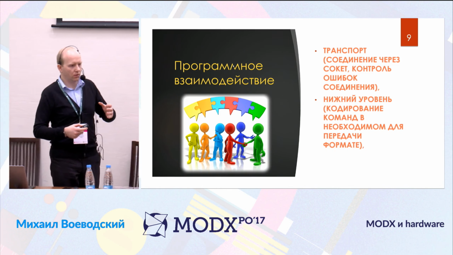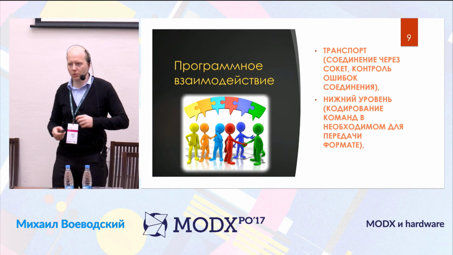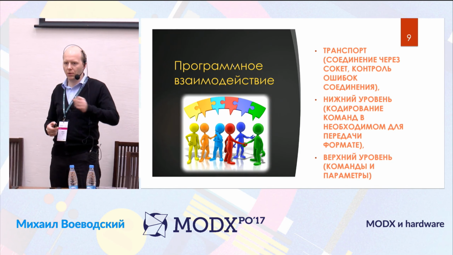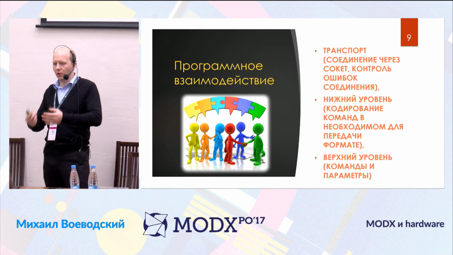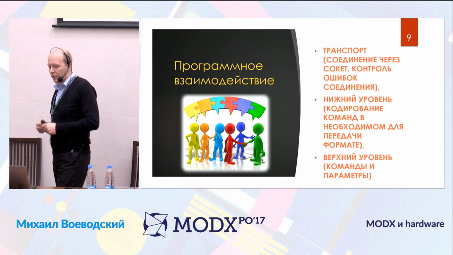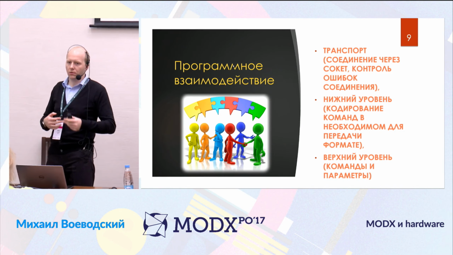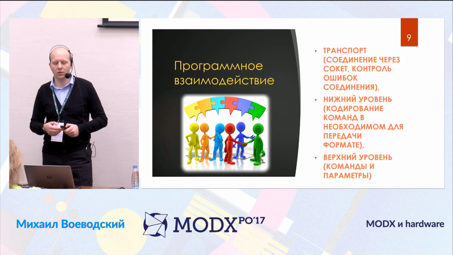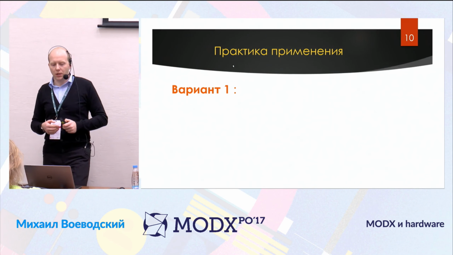Afterwards, at the high level, we just have to make a command, add parameters to it, and at the lower level, everything will be converted to the format that is convenient for the equipment to process.